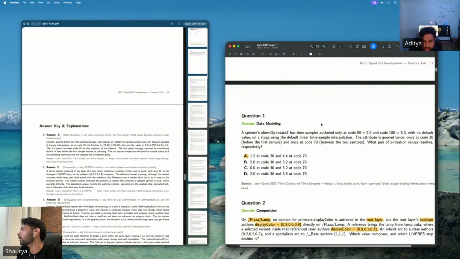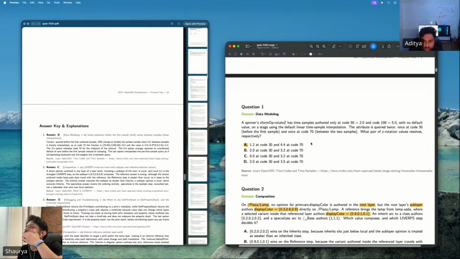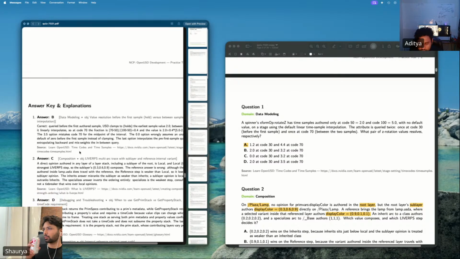I think linear time sample interpolation, by default, is picking up this. Let's see the explanation. Dude, the correct answer is A. It says over here. Yeah, it should be A, not B.